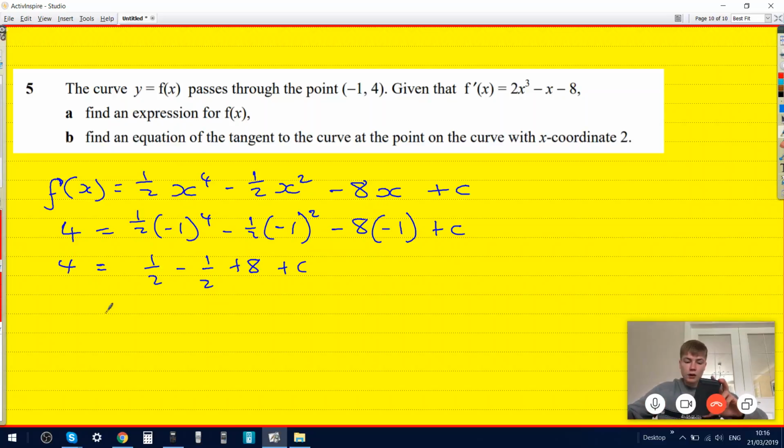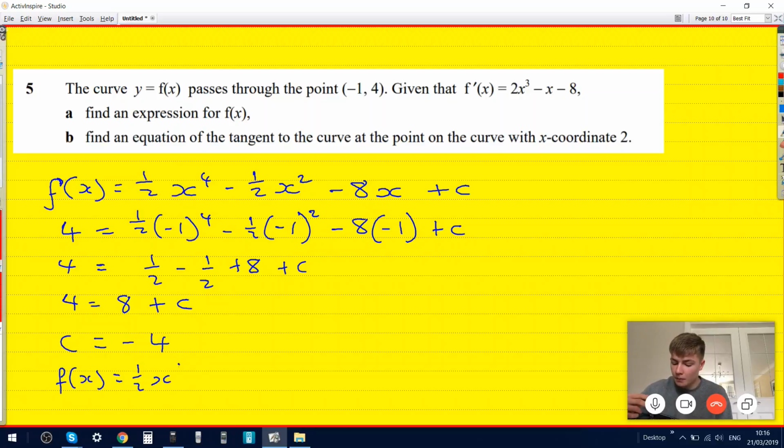So 4 equals 8 plus c. So c must equal minus 4. Yeah. And an expression for f of x. So the expression for f of x would it not just be half x to the 4 minus half x squared minus 8x minus 4?